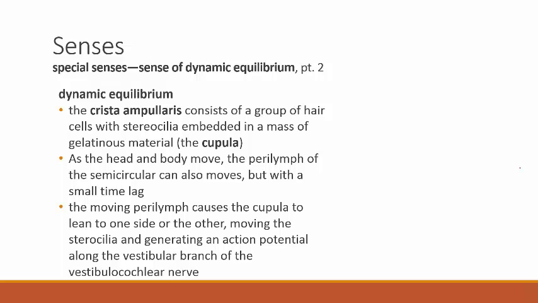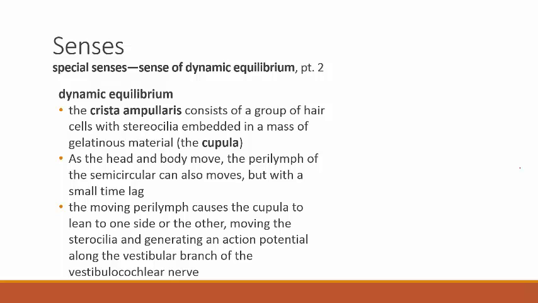So as the head and body move, the perilymph sloshes back and forth. So this time, unlike with hearing, where hearing is about the endolymph, with equilibrium, the hair cells are moved thanks to sloshing back and forth of the perilymph inside the 3 semicircular tubes. And that causes the cupula to deflect from side to side.